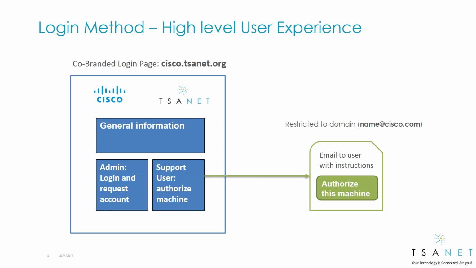What we heard from our members was, okay, TSANet will put some content in there, but we also want the ability as the member company to put information in there directed to our support staff and how they would gain access into TSANet. So in this example, Cisco people would be able to go to cisco.tsanet.org, and it's going to pull up this page.